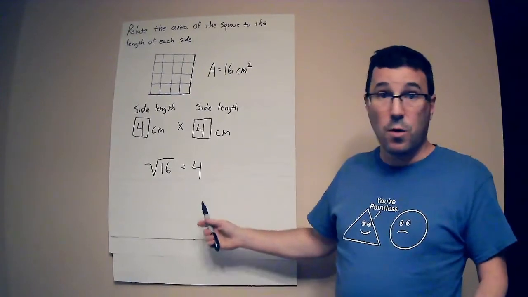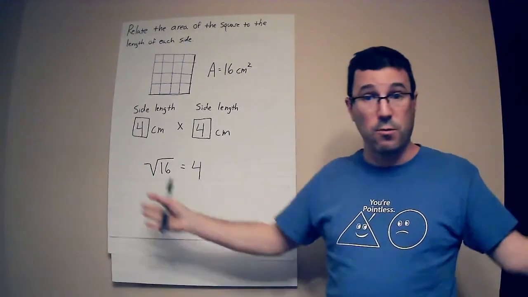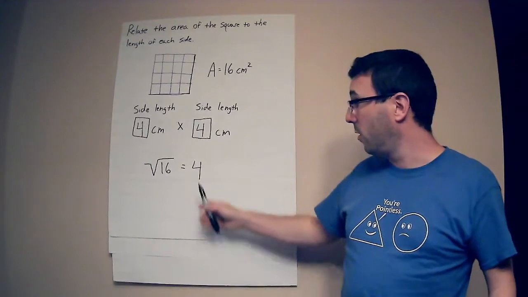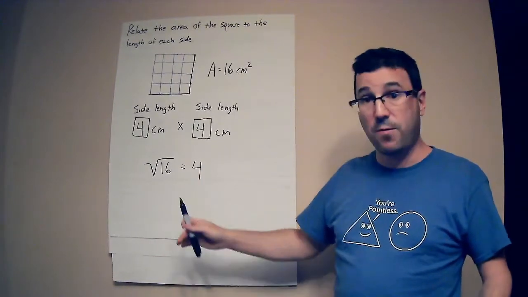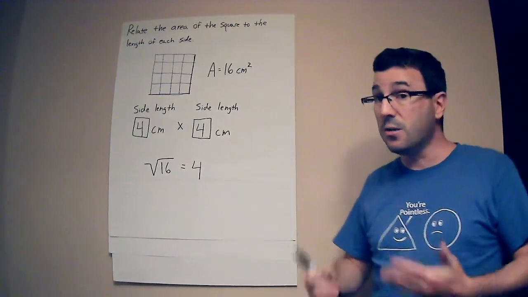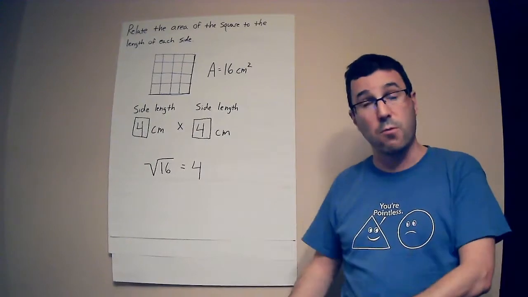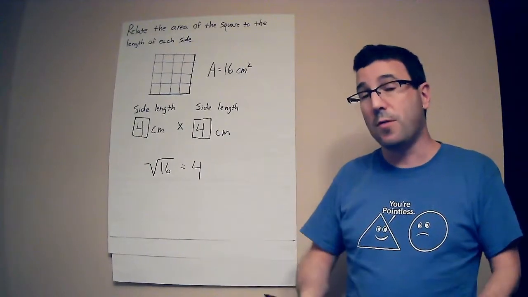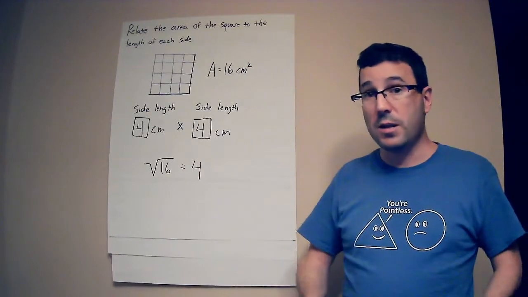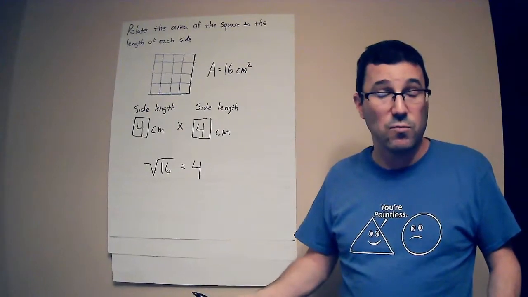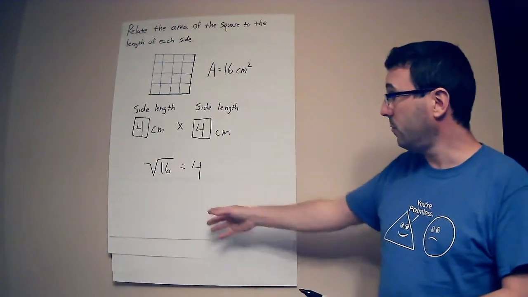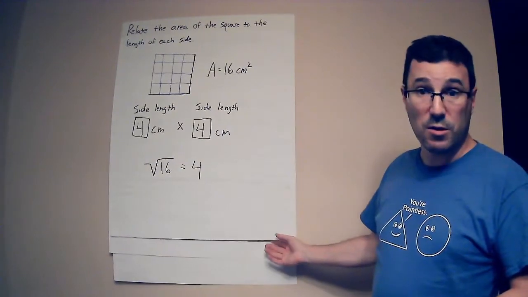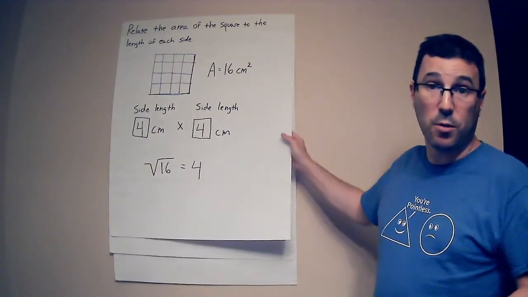Notice, once I find the square root, that square root symbol's gone. It's just 4. It's important because sometimes you take the square root of a number and your answer is another perfect square. If you keep going and taking the square root, you're going to get an incorrect answer. So there is why it's called a perfect square.